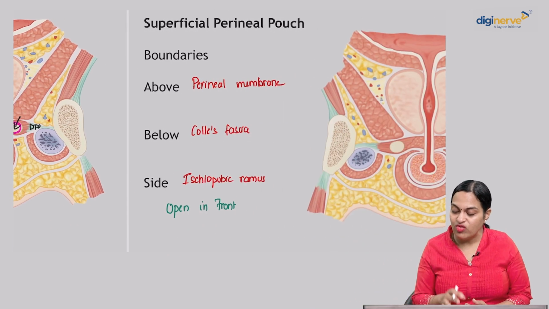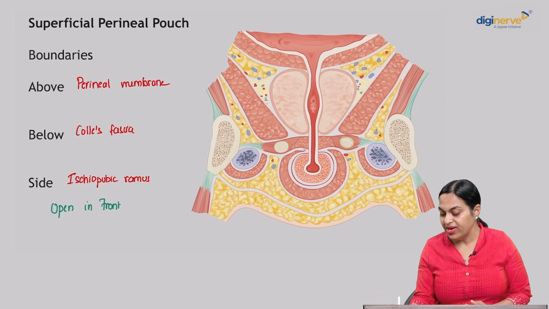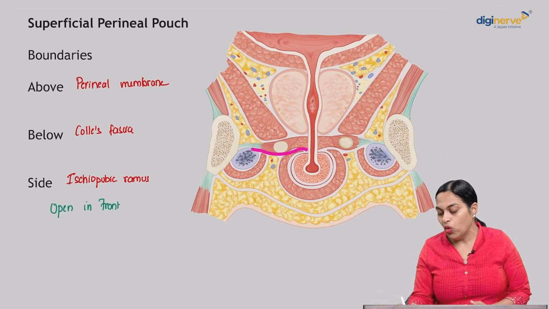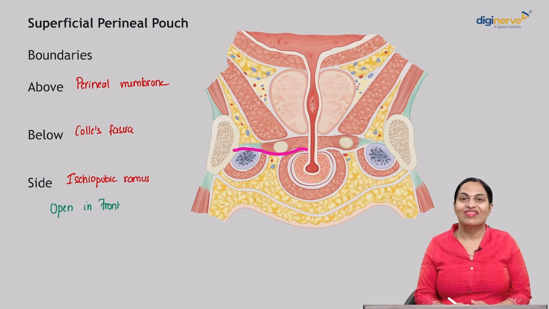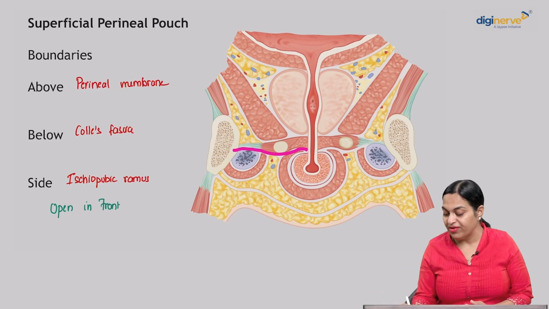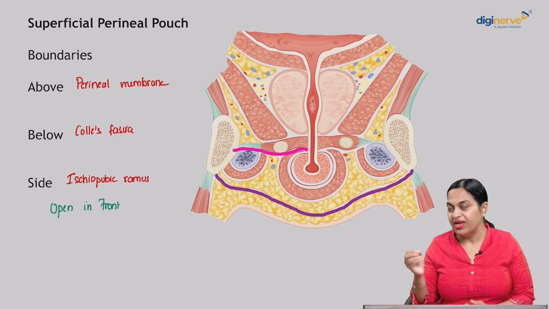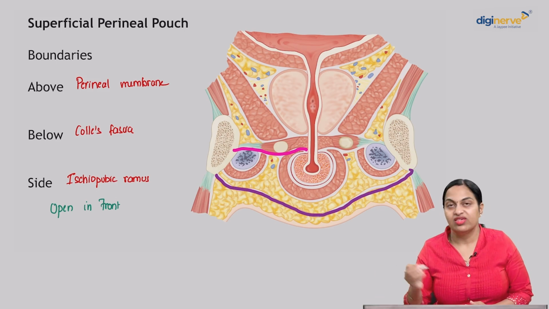Now let us move on to the superficial perineal pouch. So we know that it is situated below the perineal membrane, isn't it? Below the inferior fascia of the urogenital diaphragm. And this is the membranous fascia of the perineum, the Colles fascia.